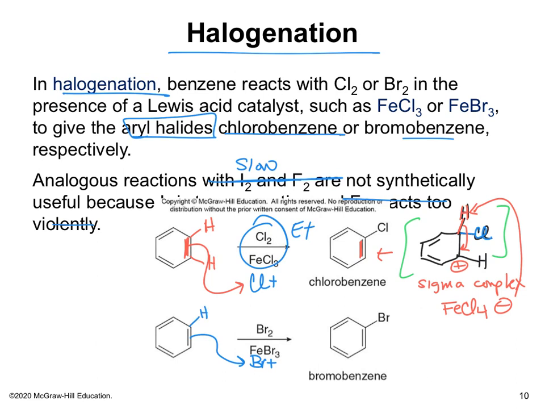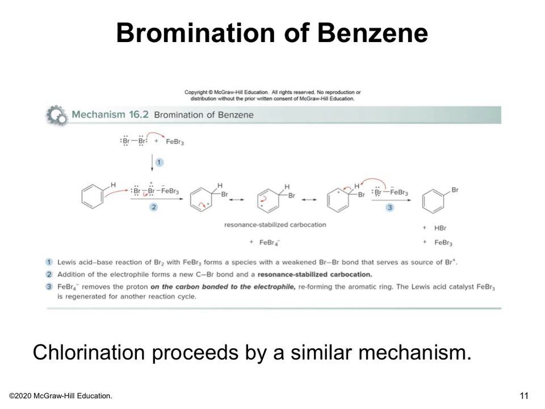If you want to see your hydrogens drawn in at the two carbons, your sigma complex, you got a new bond to the bromine. The other carbon gets a positive charge, and then in this case, you get re-aromatization. That's what you're seeing here.